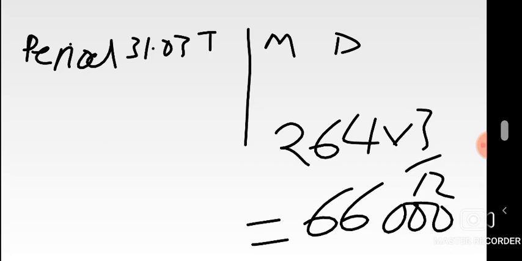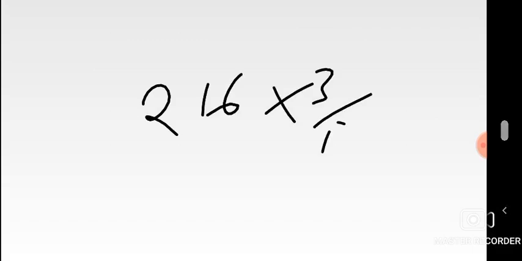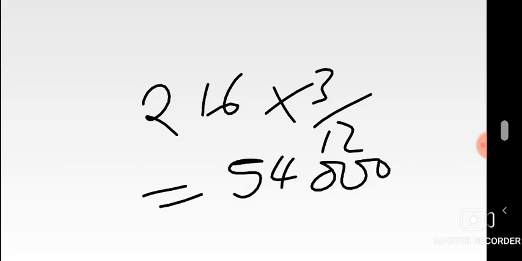Then the other partner that followed had 216. You do the same thing, you get 54,000.